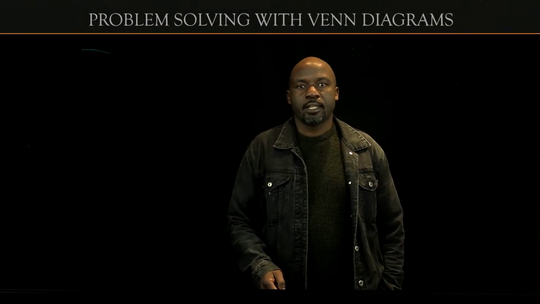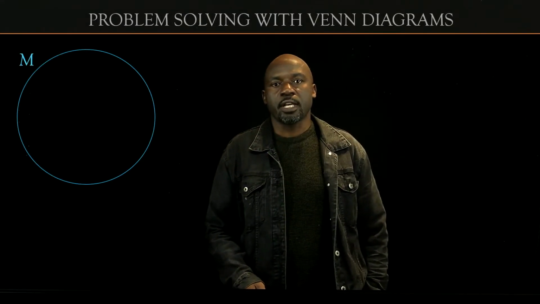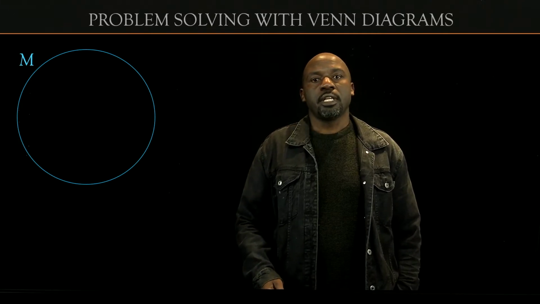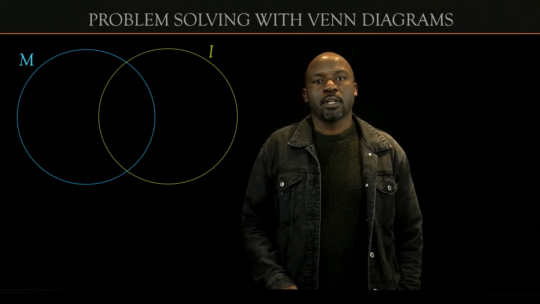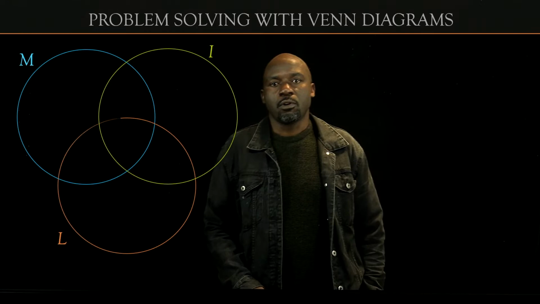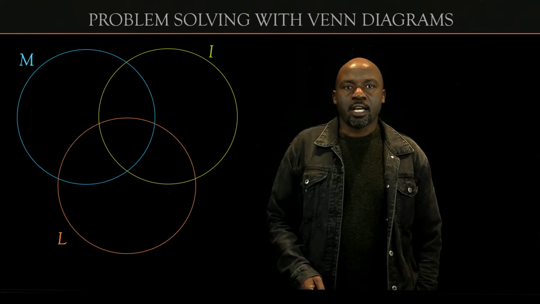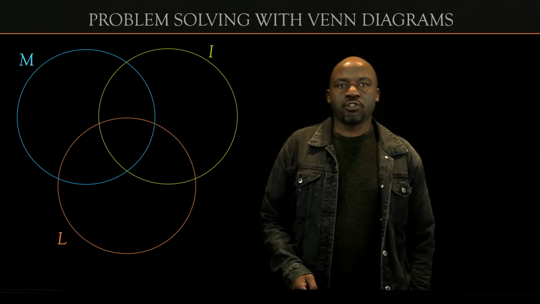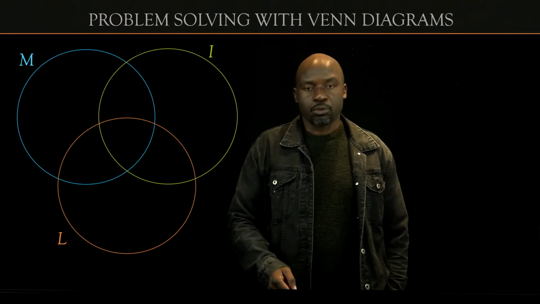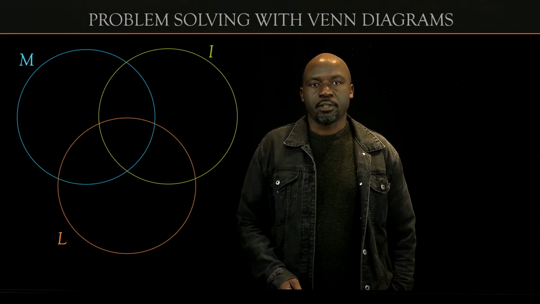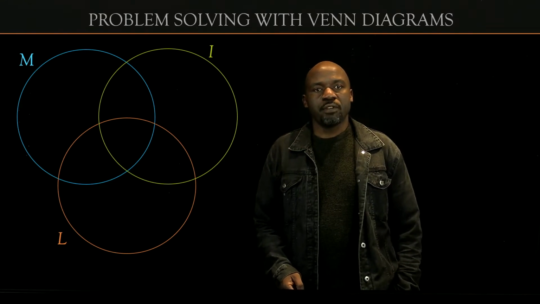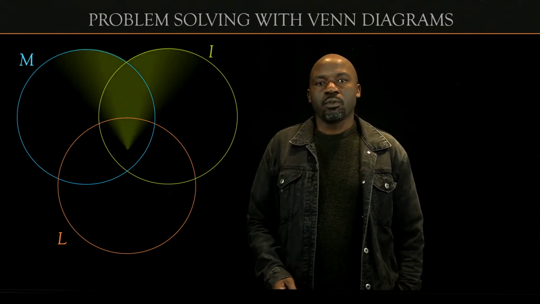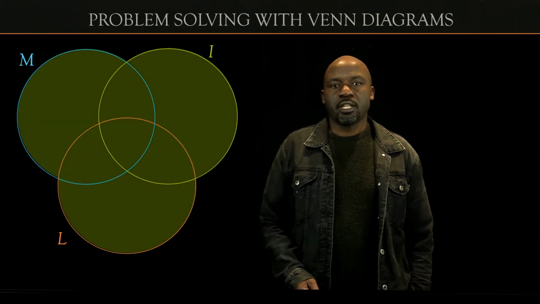And so let the Venn diagram here represent the three types of membership. M for those who own mining shares, I for those who own industrial shares, and L for those who own oil shares. Now making use of the information given, we know that that represents the universal set.